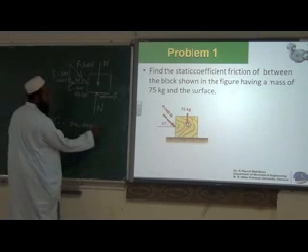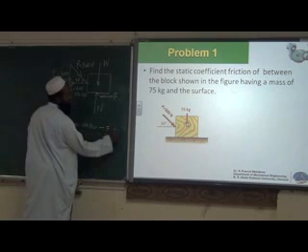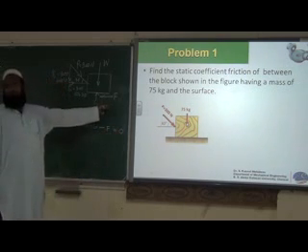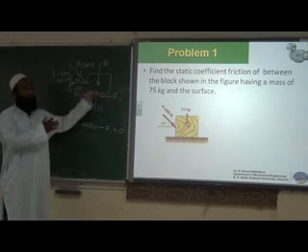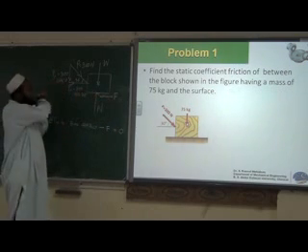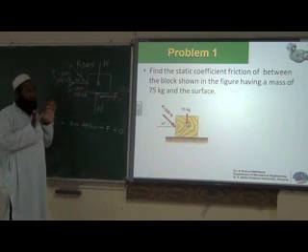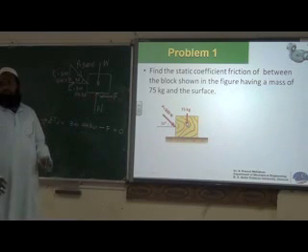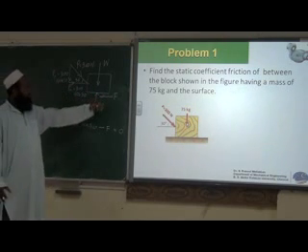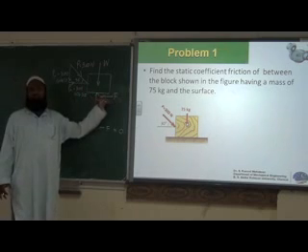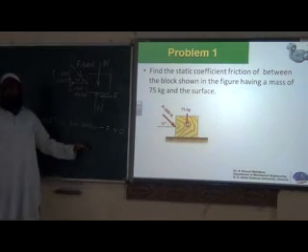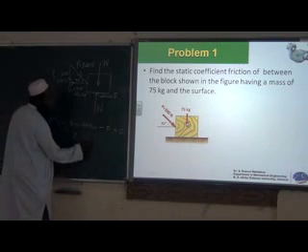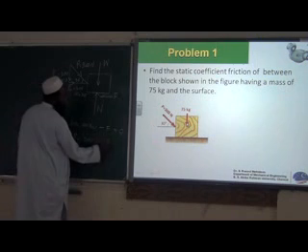So 300 cos 30 minus F. We assume Px is acting in this direction, so the block will tend to move in this direction, and friction will be in the opposite direction. But we can find out whether our assumption is correct only after getting the final value.